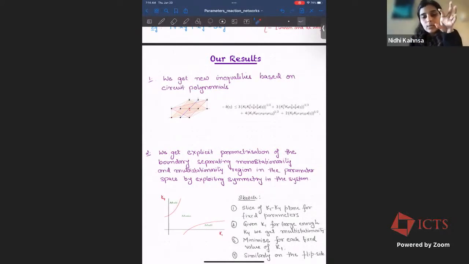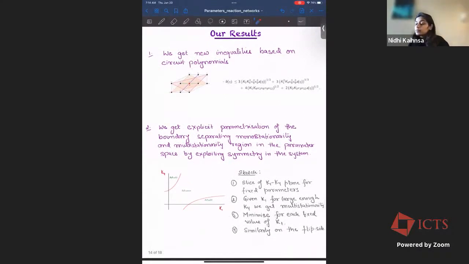So using this, we in fact find the exact parameterization of this boundary. We consider each slice, and in this region, we fix K1, or here maybe in this region, we fix K4.